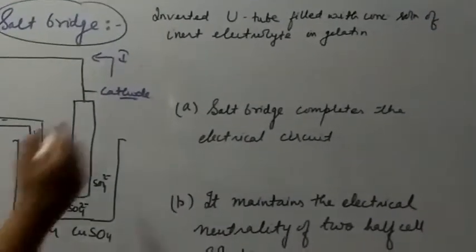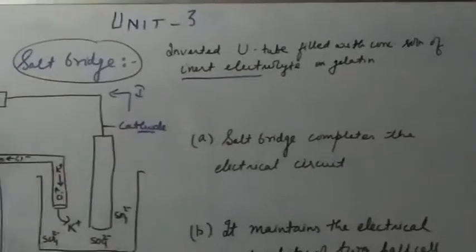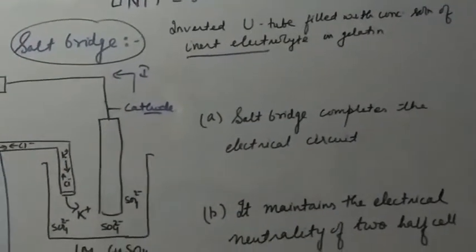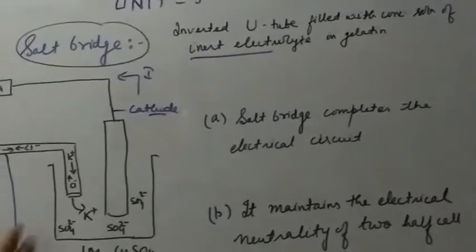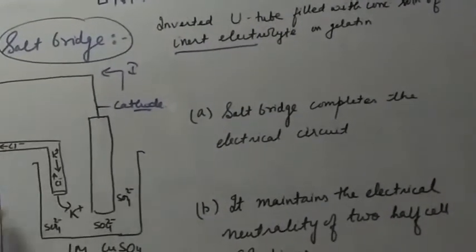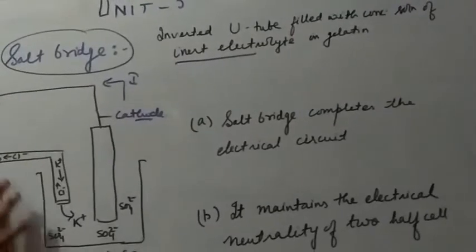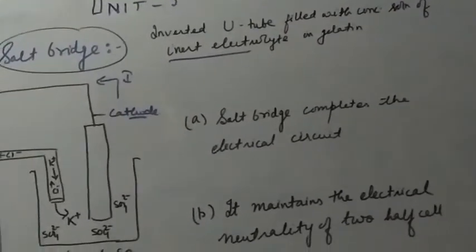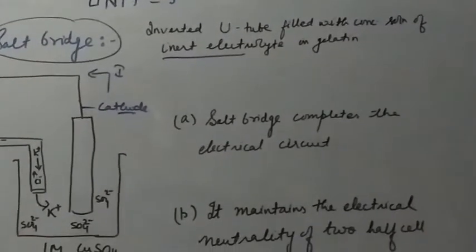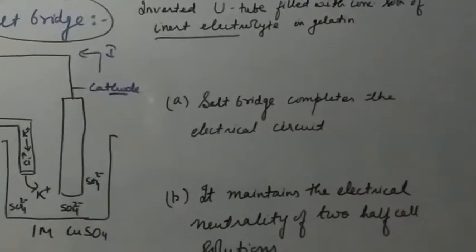Now here we are using the word inert electrolyte. Inert electrolytes are those electrolytes which do not get involved in the cell reactions, right? Until and unless the demand is there, they will remain inert. Second, the mobility of the ions, the cation and the anion, will be the same.